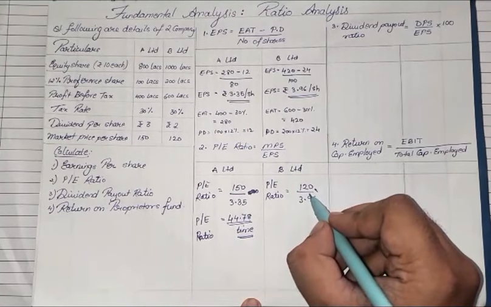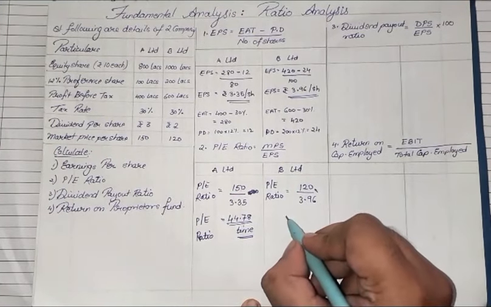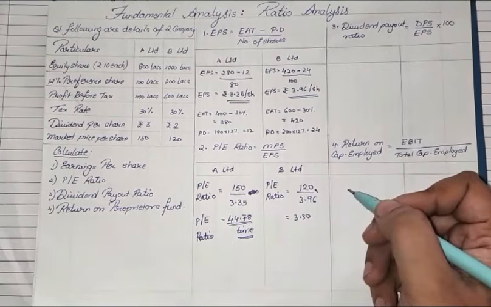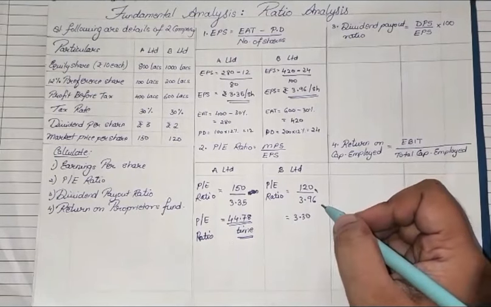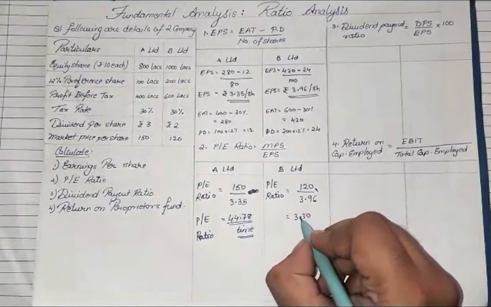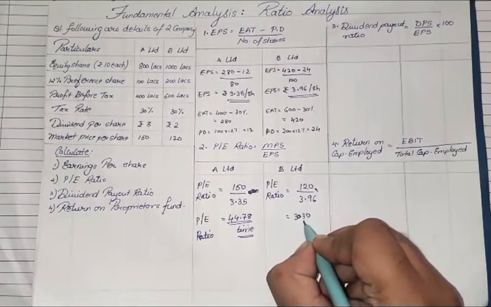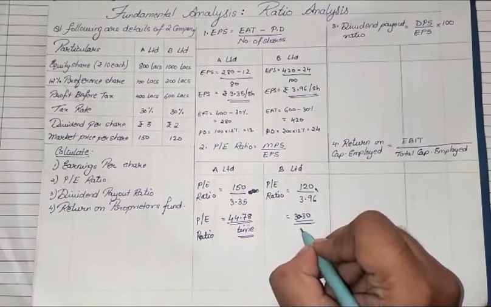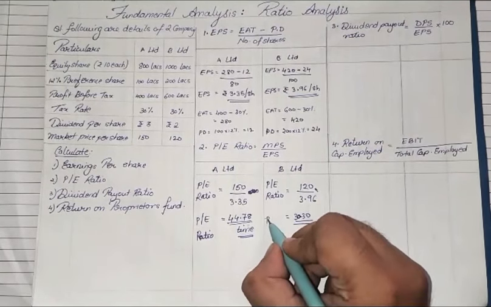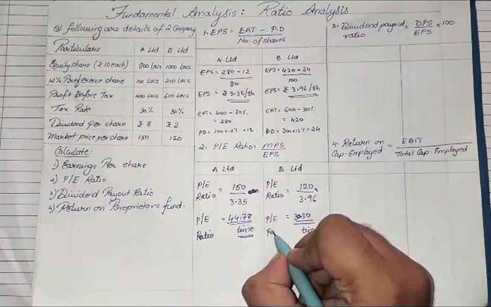So 120 divided by 3.96, value will come to 30.30. Okay, so 30.30 times is the answer for PE ratio for B Limited.